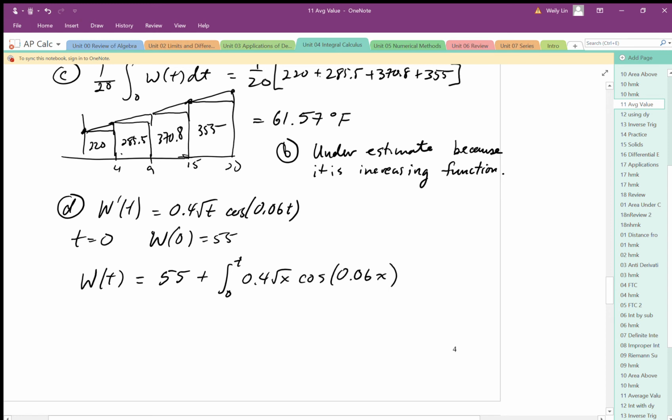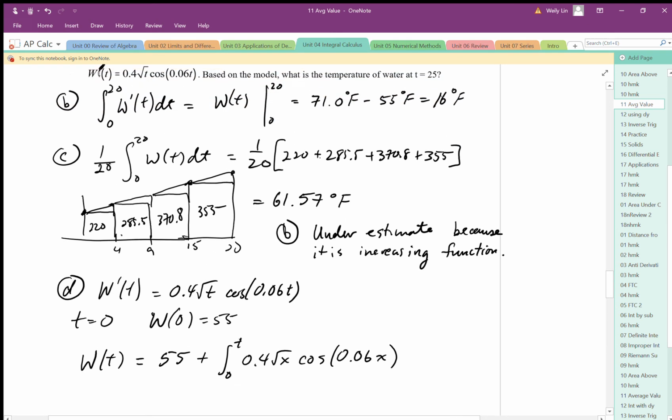If I integrate that function, the area underneath this curve represents the displacement on the W prime. So if I know where I'm starting, I can use that displacement to calculate the actual value at any point in time.